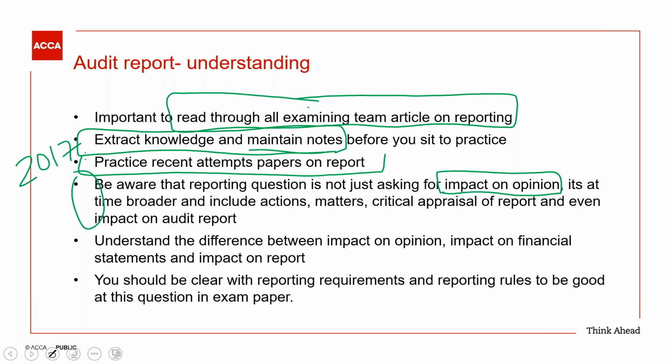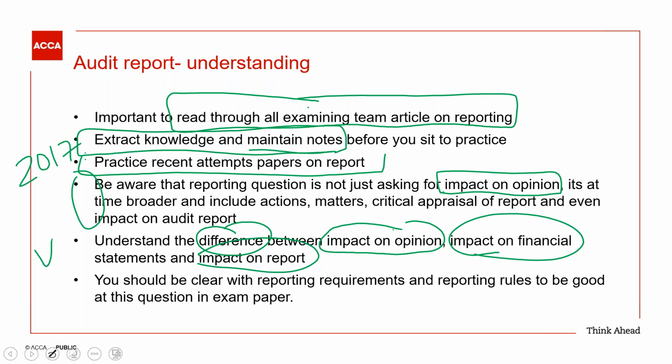Next, understand the difference between impact on opinion, impact on financial statements, and the impact on the report. This is very, very important, because students go to the exam hall thinking that the examiner in a reporting question will only ask for impact on opinion.